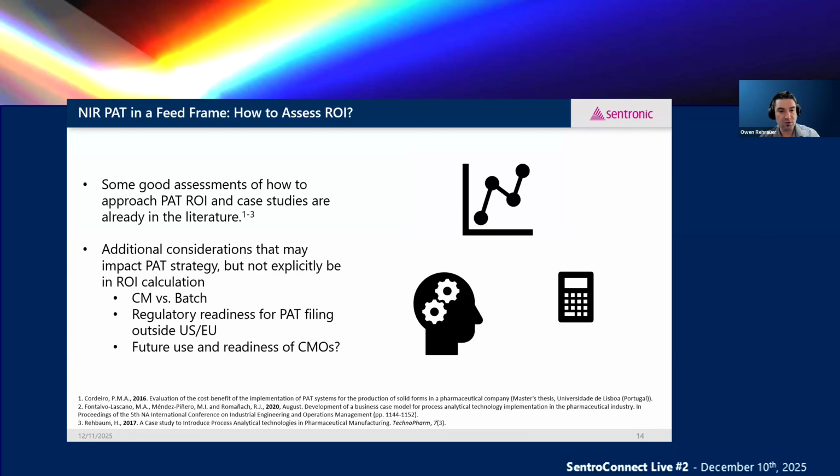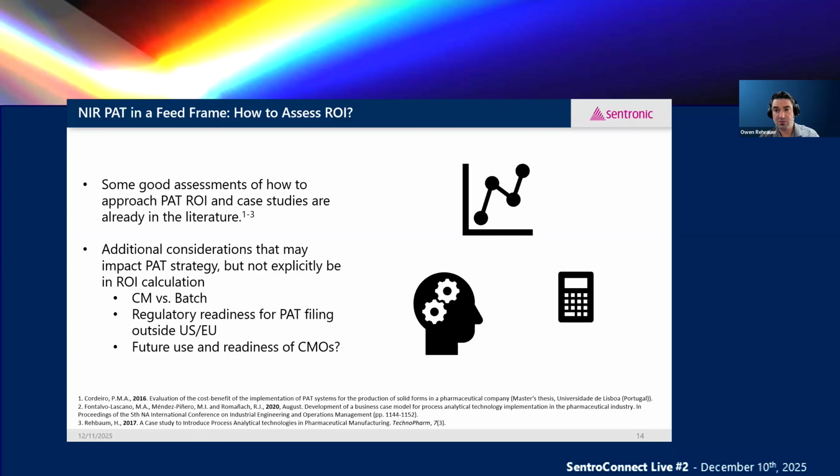In addition to what's covered in these references, though, I would keep in mind as you're evaluating this, whether or not you're going to be using a continuous manufacturing or batch approach. Oftentimes that's not included in these ROI calculations. Consider the regulatory readiness for a PAT filing, particularly if you're a potential manufacturer outside of the US or the EU. I know that not every region has regulators that are used to seeing as many PAT filings, so it may be worth having a discussion.